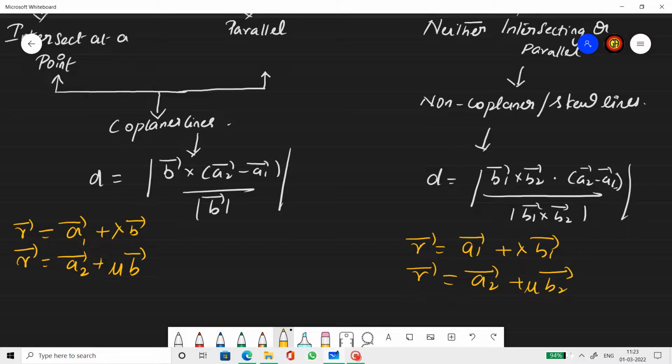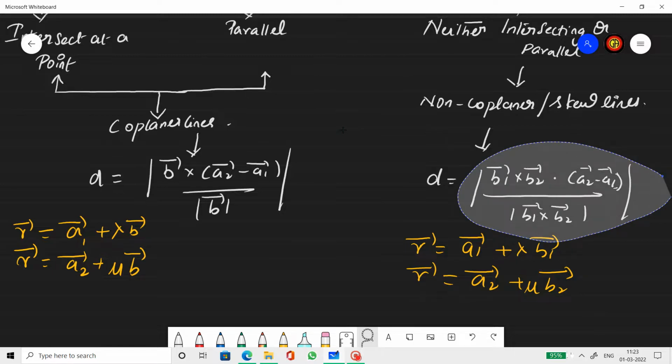Here the lines are skew lines, which means b1 and b2 would be different vectors. So we take b1, b2 from the equation, we identify a1, a2 from the equation, and then we apply it in this formula: b1 cross b2 dot (a2 minus a1) divided by the magnitude of b1 cross b2.